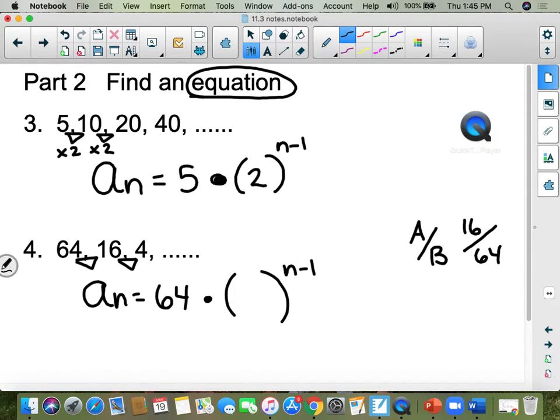So what is 16 divided by 64? 0.25. And if you don't think I'm right, take 64 and multiply by 0.25 and see if you get 16. Take 16, multiply by 0.25 and see if you get 4.